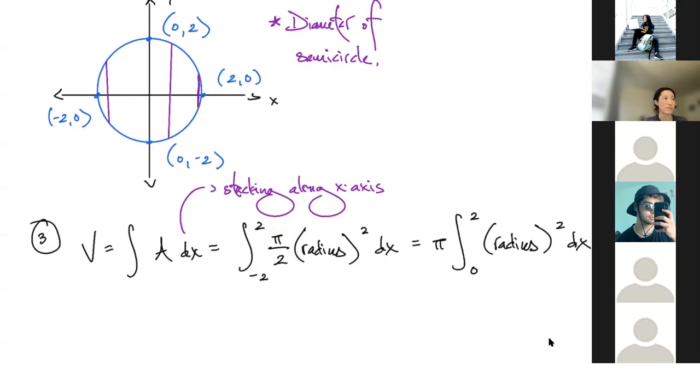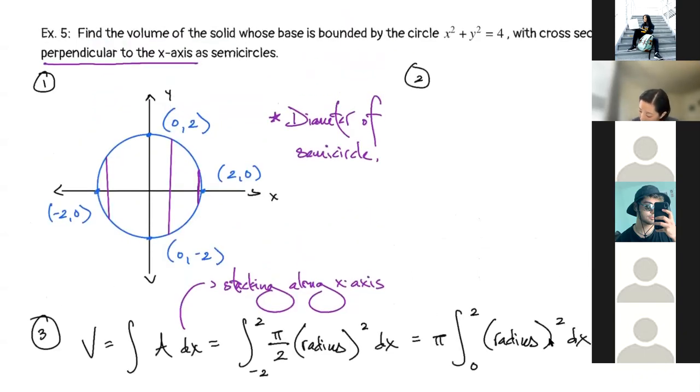So we have a pi in the front, and now we just need to figure out an equation for the radius. If I want an equation for the radius, I want to know this distance. I don't want to know the whole thing. I just want to know that distance, or this distance, or this one, or this one. What do I need to do to this equation to find something that defines this piece?